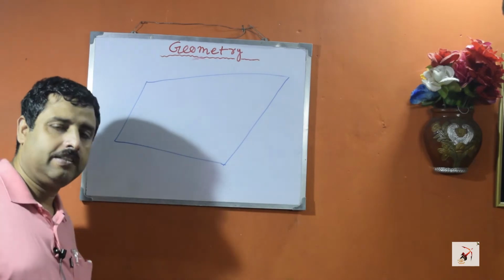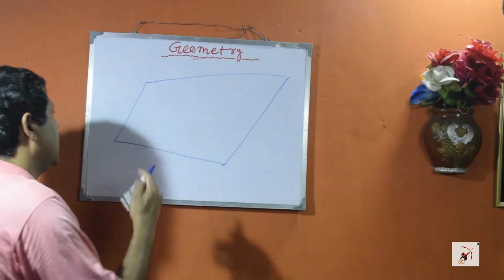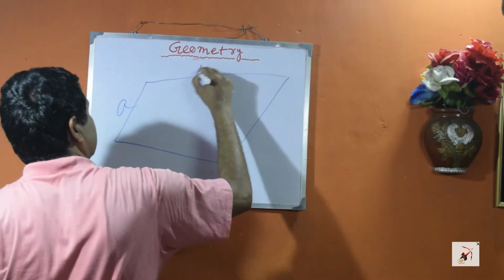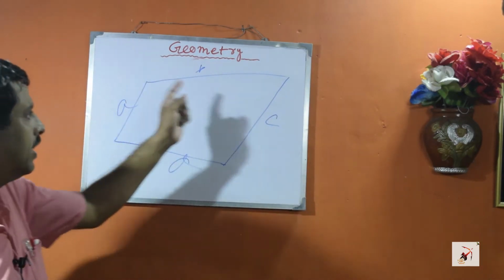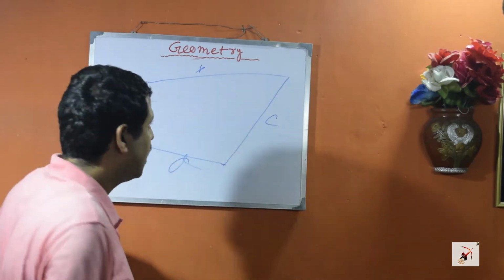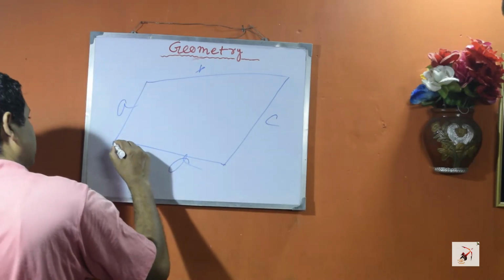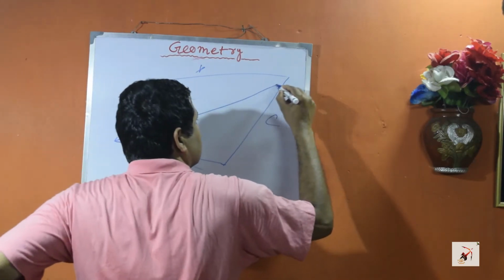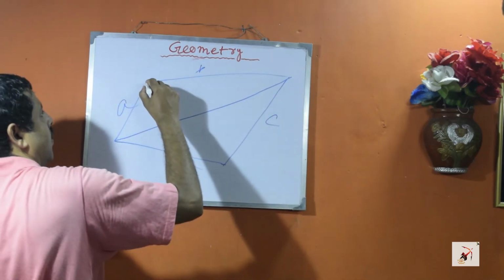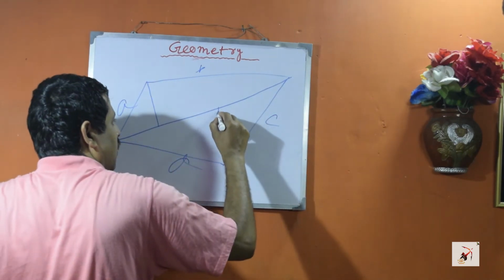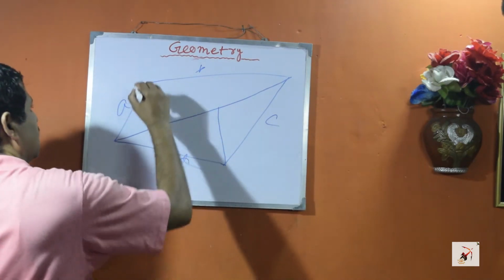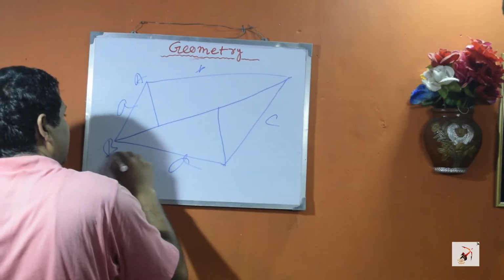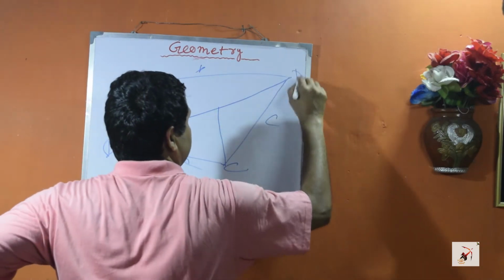Perimeter is very easy. As we know, if the sides are A centimeter, B centimeter, C centimeter, and D centimeter, perimeter is the sum of the sides, a plus b plus c plus d. But what about the area?